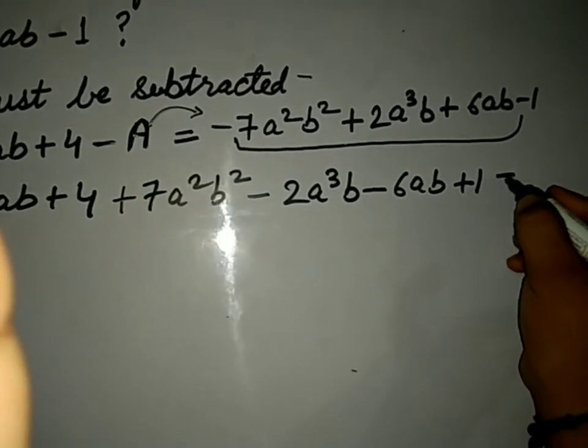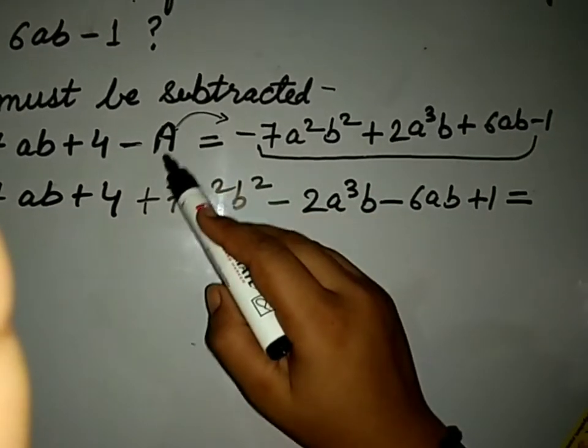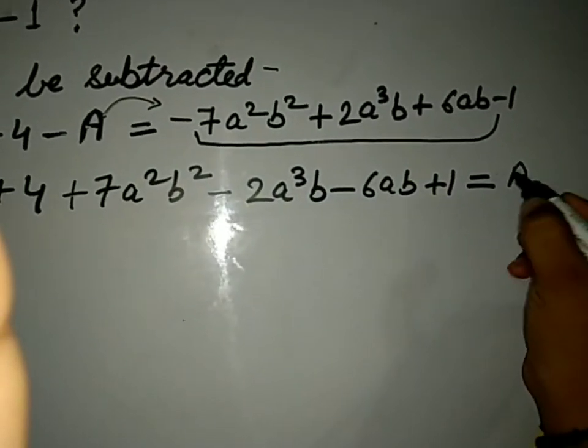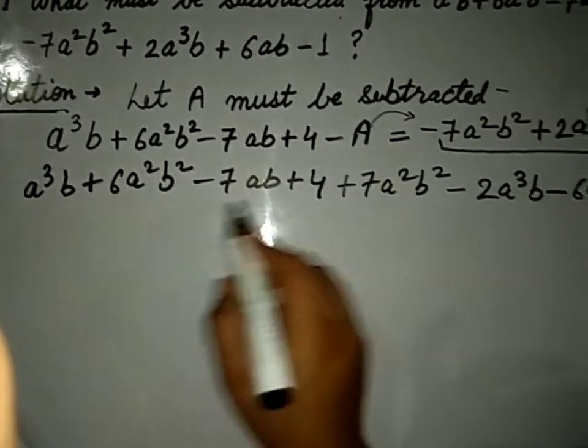Then we put here equal, and because we moved this A to the right side, so here is A. Okay, so now solve this expression.